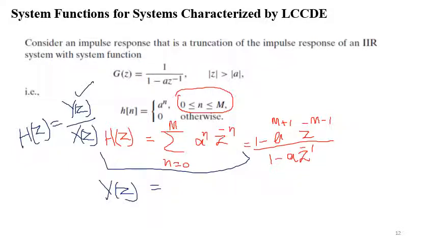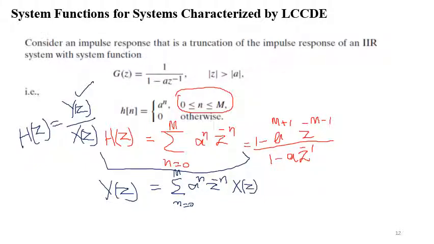So we can write Y of z equals summation, running from 0 up to capital M, a to the power n z to the power minus n into X of z, because Y of z equals the system function times the input.